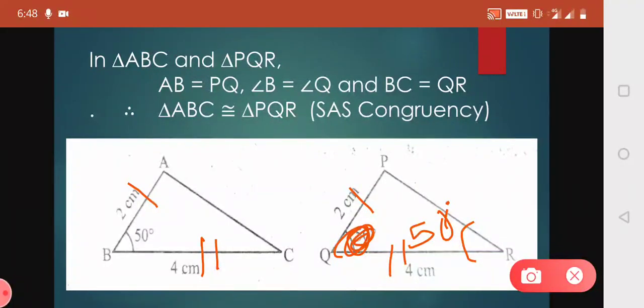But the included angle here is B, whereas in the other triangle the included angle is not C but Q, and the measurement of C is being given. So in this condition, these two triangles will not be congruent. So it is very necessary that the angle should be included between the two sides of both the triangles.